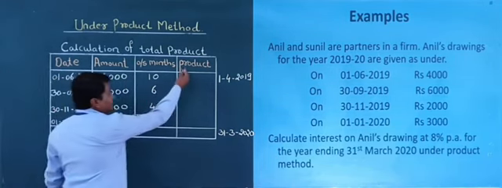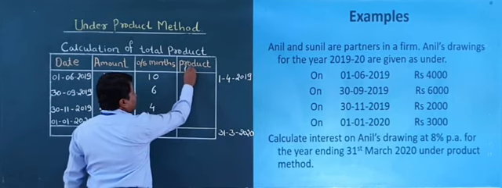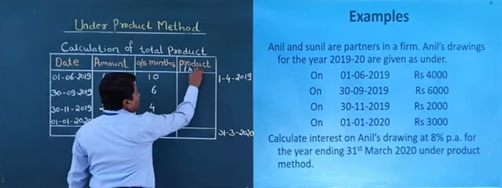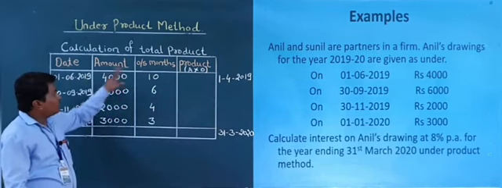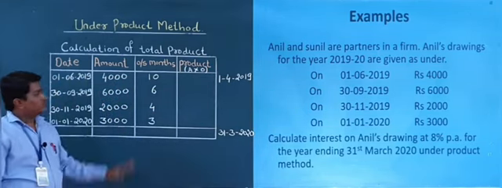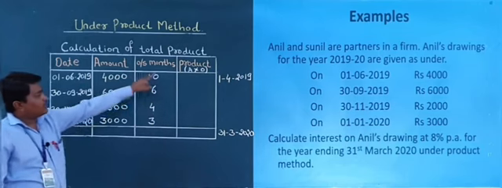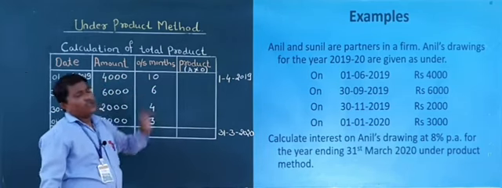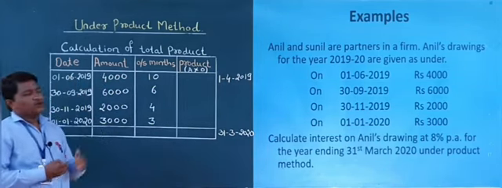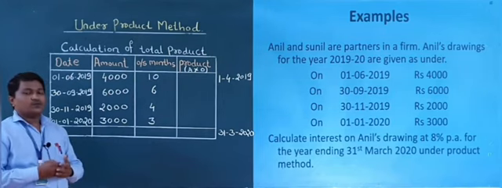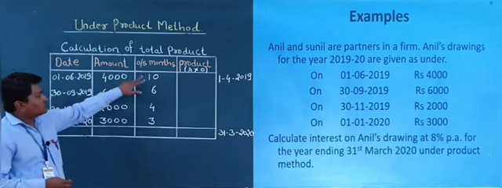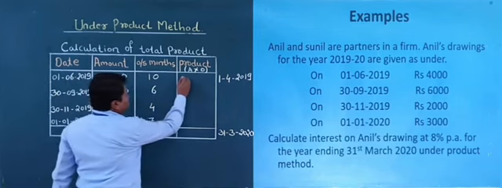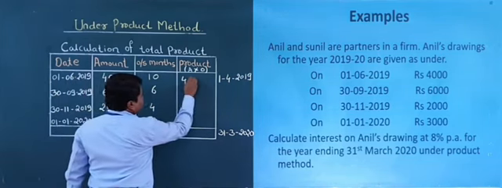So calculate A into O, that is amount into outstanding month, and whatever result you get from the multiplication of these two, we need to put in the product column, because product means result of multiplication of two numbers. So first of all, 4,000 into 10, yes, it comes 40,000.